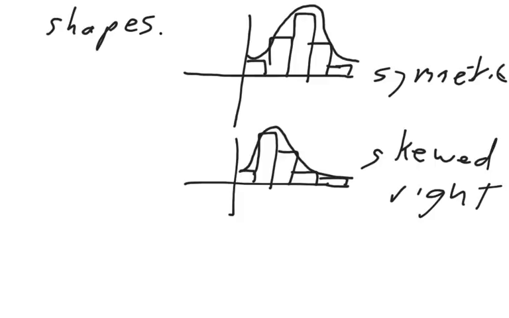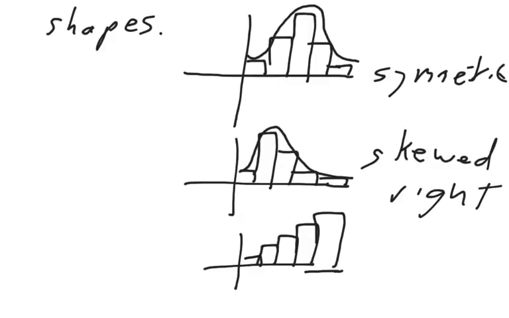Anytime the tail is off in a direction, that is the way that it is. And finally, if we have something that looks like this, we have something that is skewed to the left.